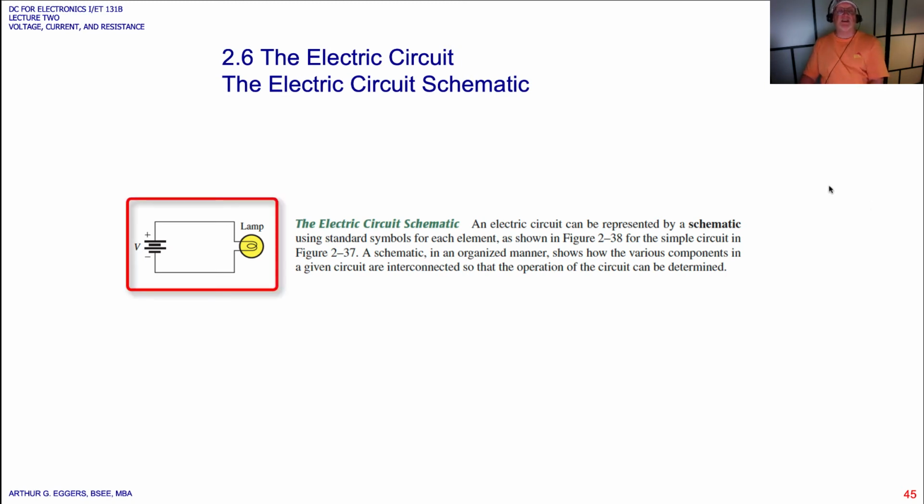So let's look at an example of a simple electric circuit with a source, a battery, a lamp, which is a load, and then the connecting wires. The electric circuit schematic then: an electric circuit can be represented by a schematic using standard symbols for each element. For simple circuits, a schematic in an organized manner shows how the various components of a given circuit are interconnected so that the operation of the circuit can be determined.